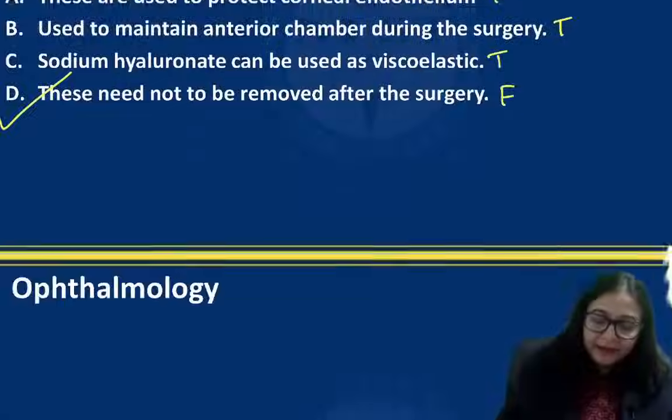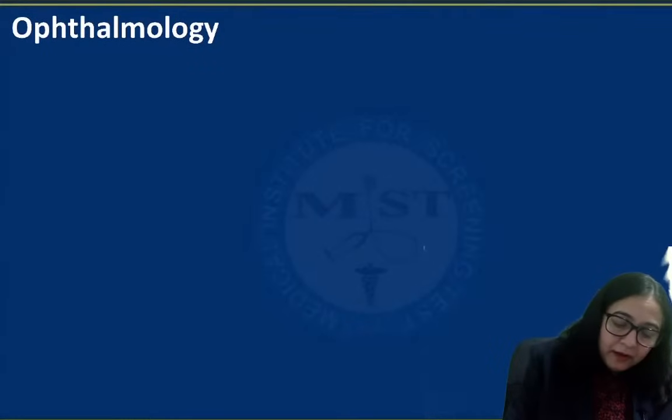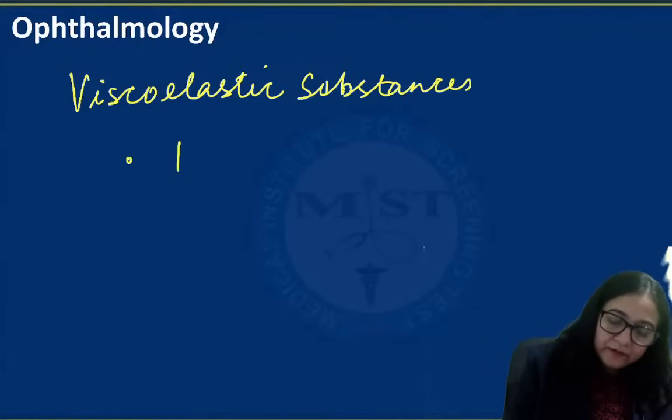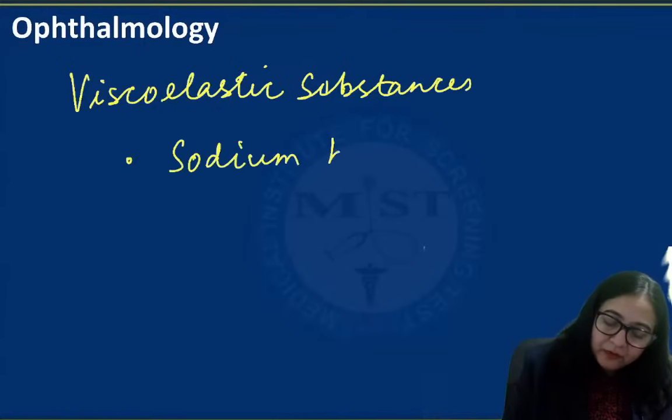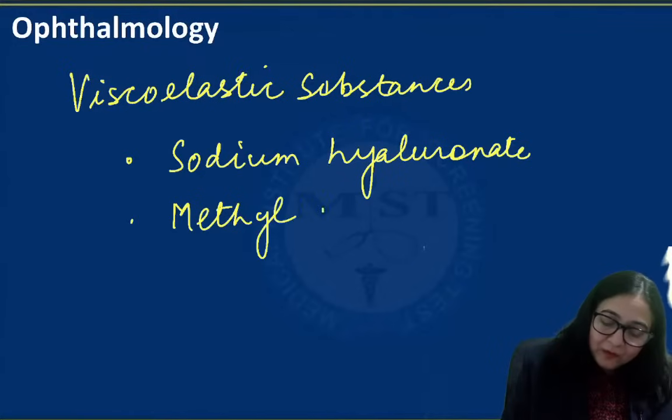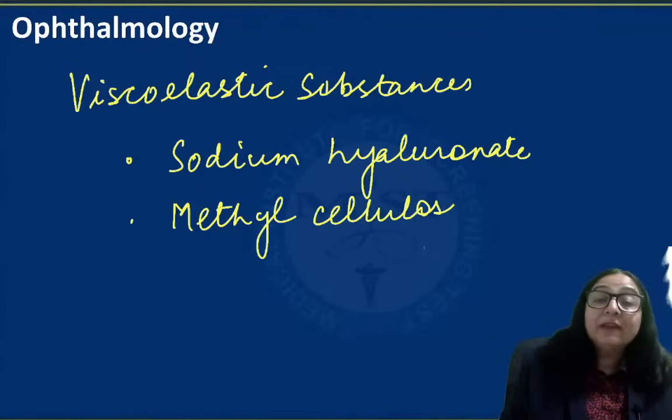Right? Just to let you know, some of the viscoelastic substances which we use during cataract surgery include sodium hyaluronate, as it was there. Sodium hyaluronate is one of the most commonly used and very good viscoelastics. Then we also use a little cheaper one: methylcellulose can also be used as a viscoelastic.